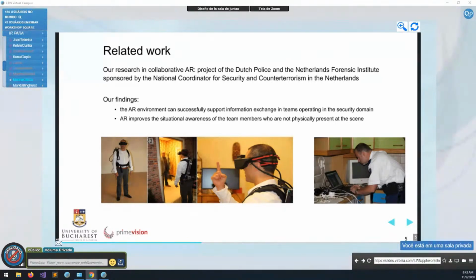And on the left side, you see 3 pictures with a local policeman who receives indications via the headset. So this is something that we have been working on. We developed the framework and we had different experiments. Now back to our problem, the early school dropout problem.